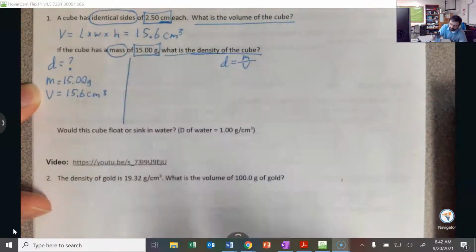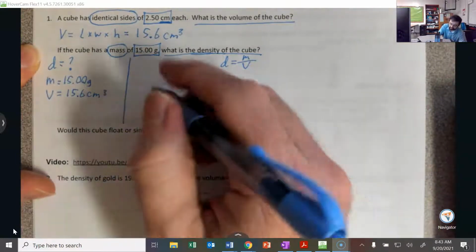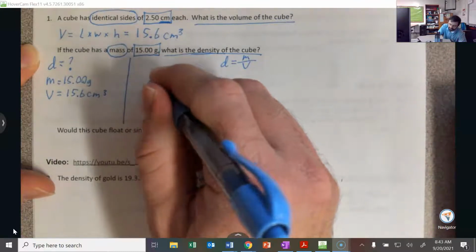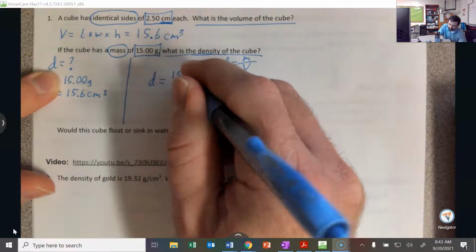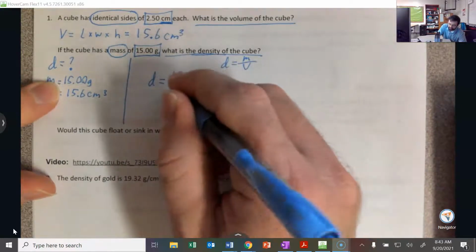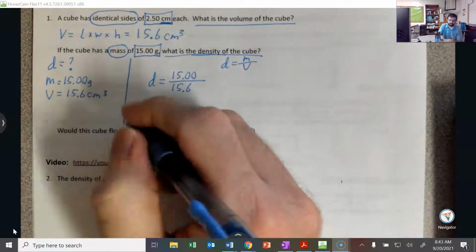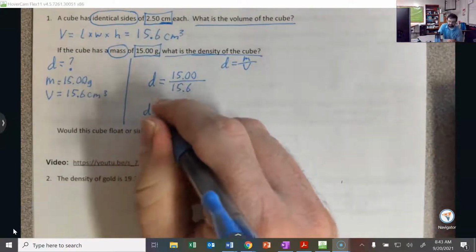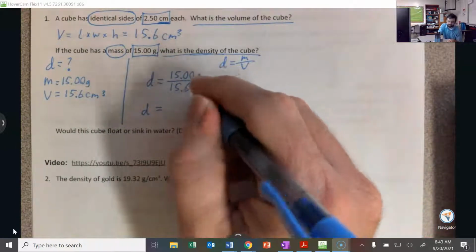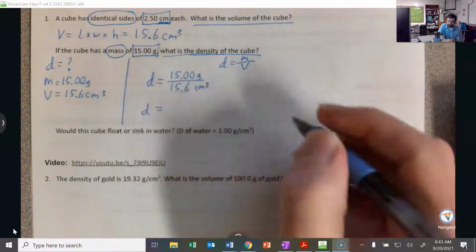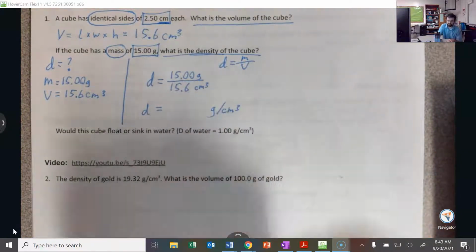Now what I want to do is just solve it by plugging everything in. Since I don't know what D is, I'm going to leave it as my unknown. D equals 15.00 over 15.6. Then I can put that in my calculator and find the answer. Since I'm doing grams divided by centimeters cubed, my units will be grams per centimeter cubed.